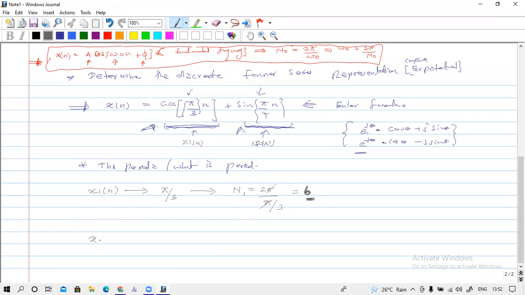Same as x2[n]. So guys, tell me what is the fundamental period here for this x2? What is the fundamental frequency?